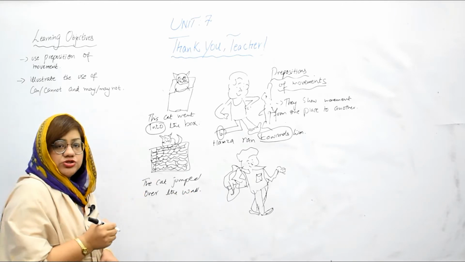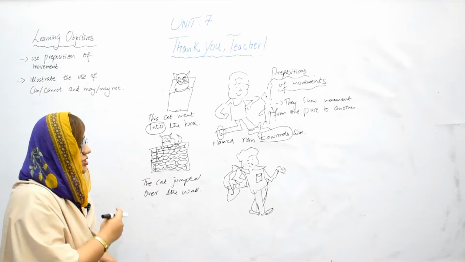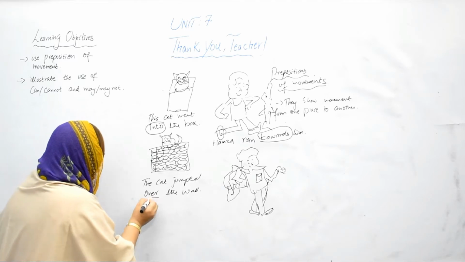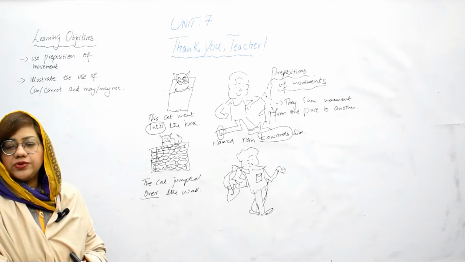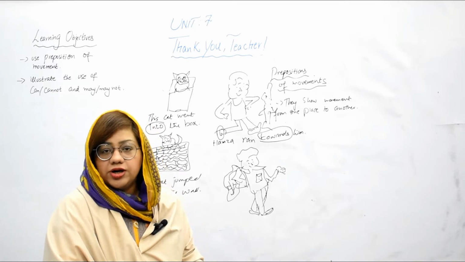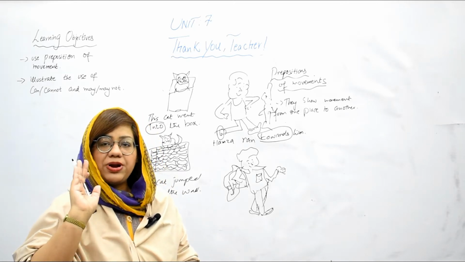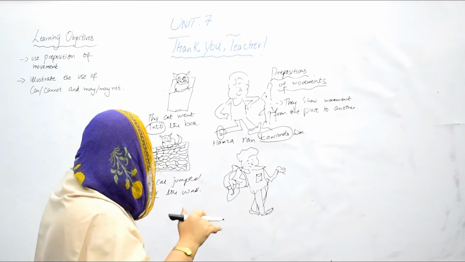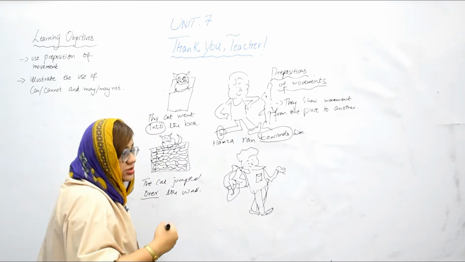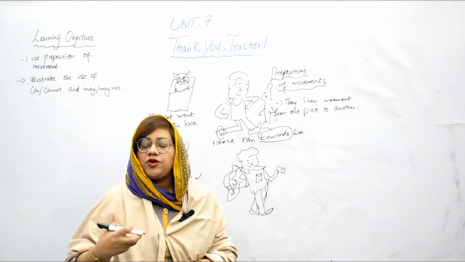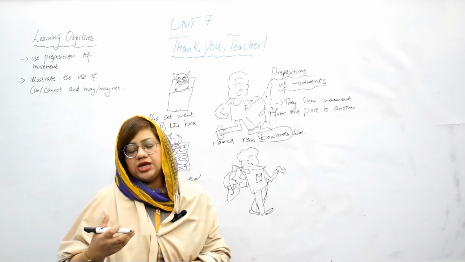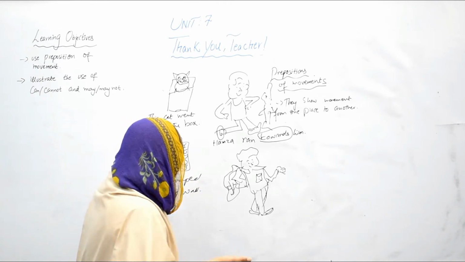What kind of preposition did we use in this sentence? Over. The cat jumped over. We showed the preposition of movement. So in this way, we use different prepositions of movement in given sentences.